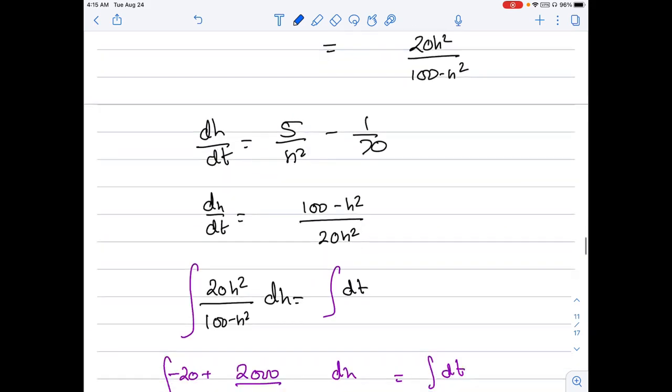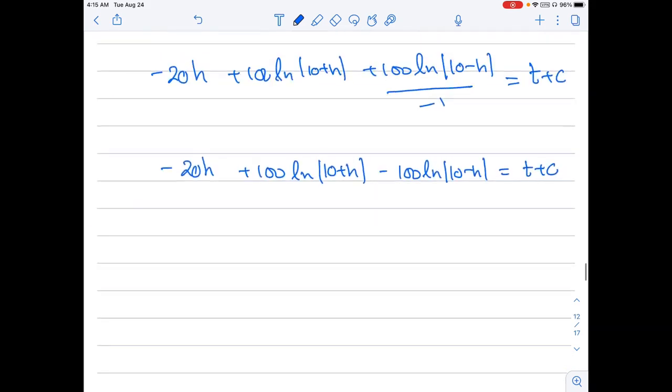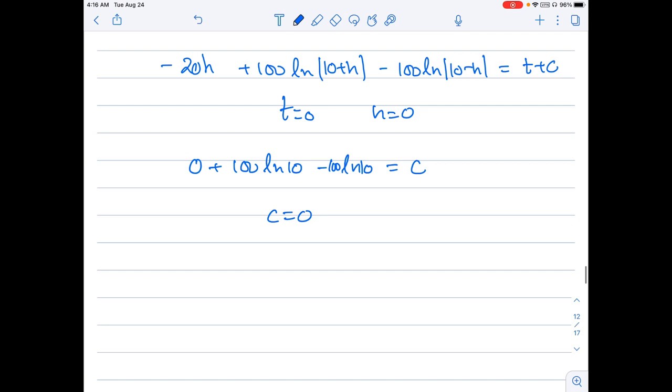So 0 plus 100 ln 10 minus 100 ln 10 is equal to c. So c is equal to 0. So I directly get it out over here.